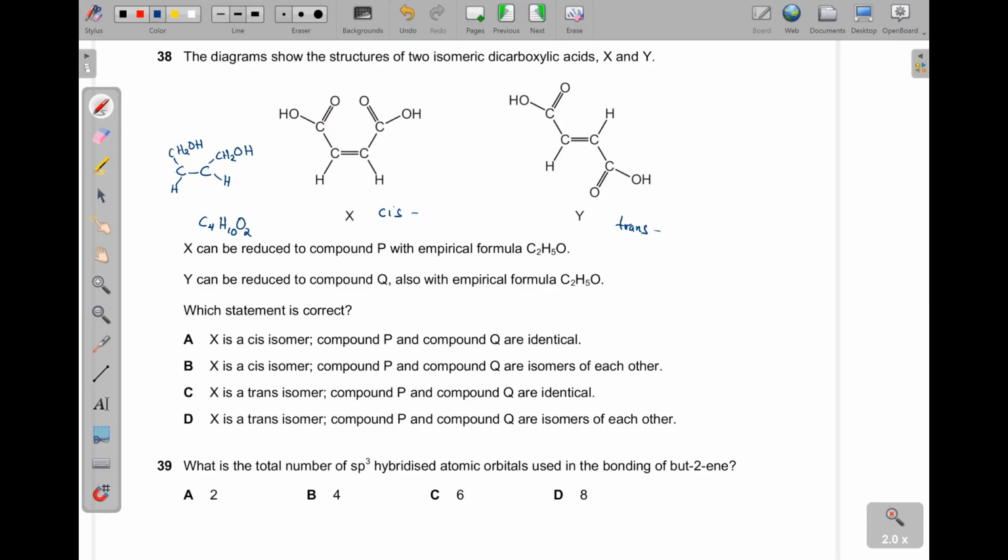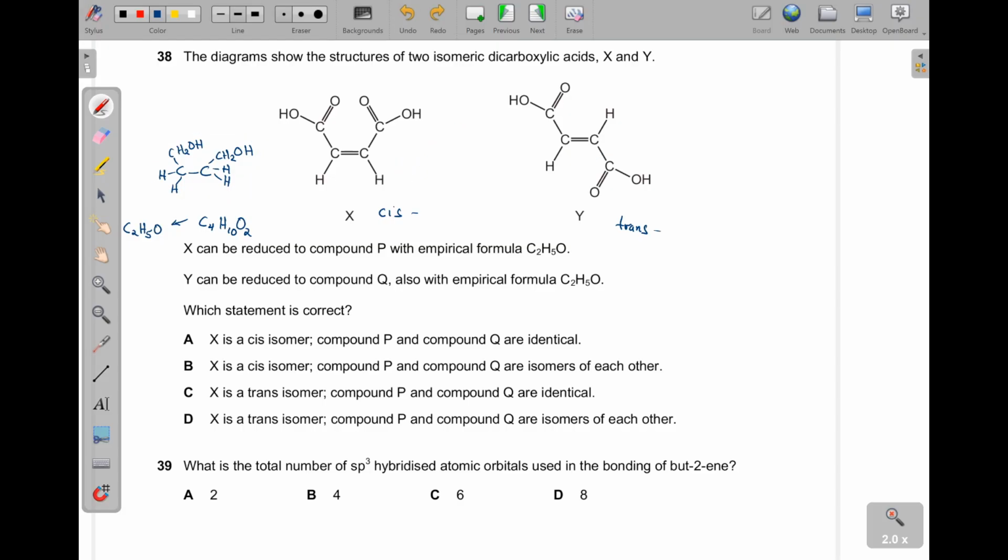Then we have another hydrogen here, and then another one there. You see? Now that means the empirical formula is going to be C2H5O. This thing is going to be the same with this one here. They are going to give the same, okay? Same compound. So this is the same for the reduced product of this and also this one here, okay?